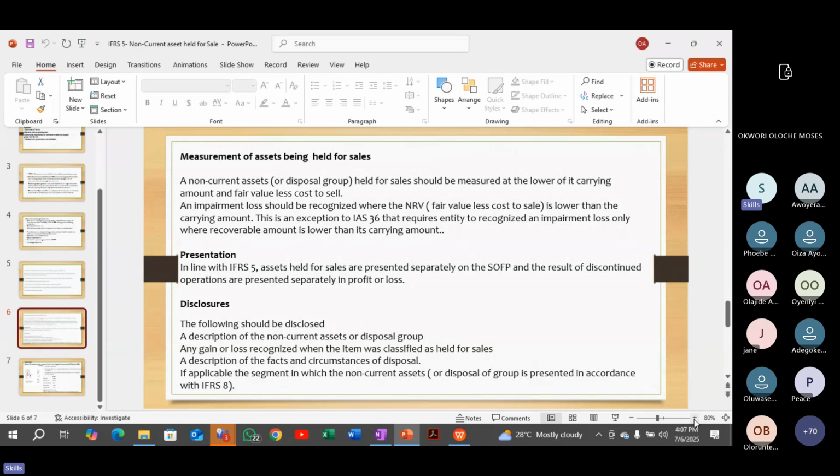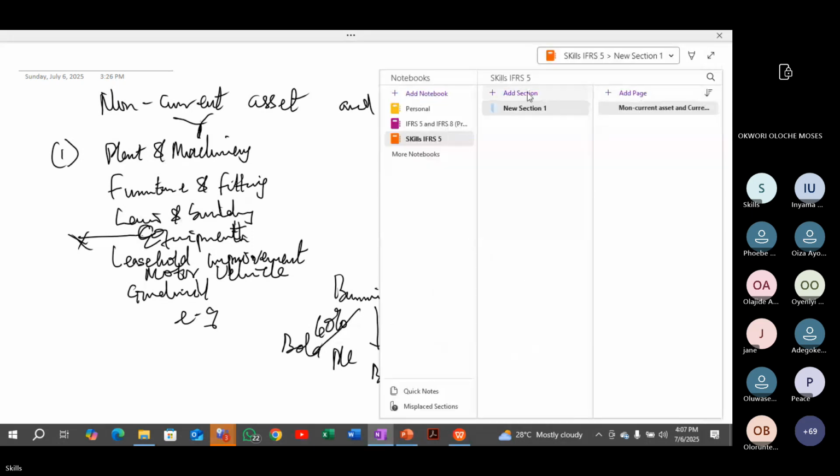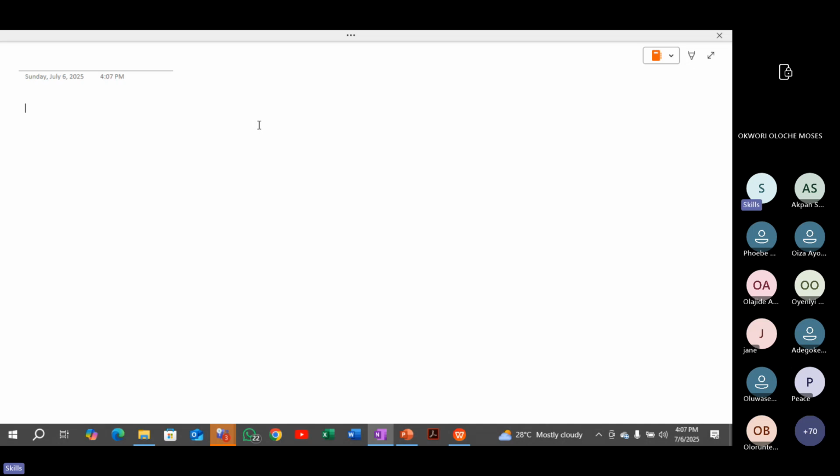Carrying amount is for an asset that has been suffering a depreciation charge. Let me use numbers for those who don't understand much. For example, let's say the cost of the asset we are told is 600,000.